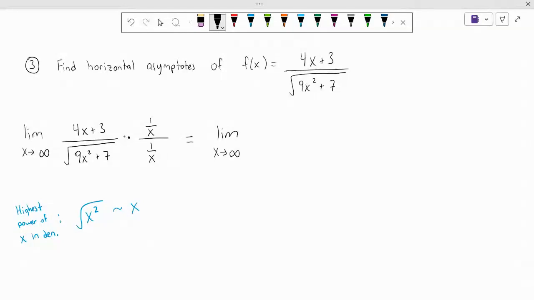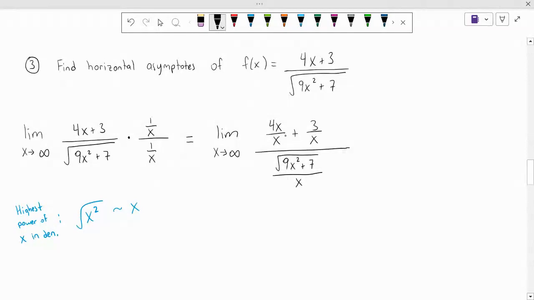So we can distribute the 1 over x to every term again. Now in the denominator, we have that square root there. So when I multiply by 1 over x, I can just put an x below that for now.